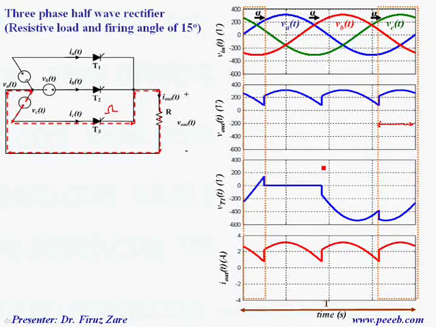We can also look at the voltage across one of the thyristors, for example, this thyristor. When we turn on T1, suppose that the voltage drop across the thyristor is 0. So over this cycle, the voltage across the first thyristor is 0.